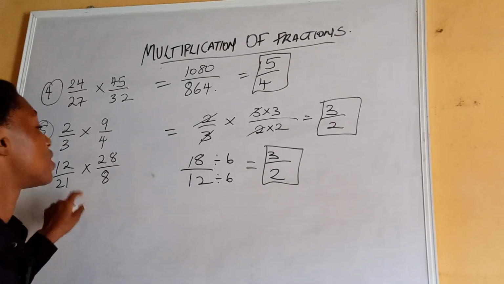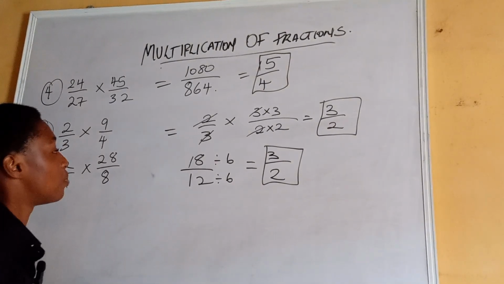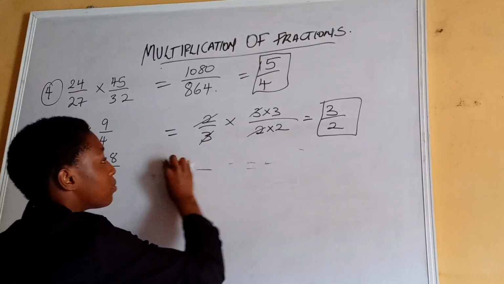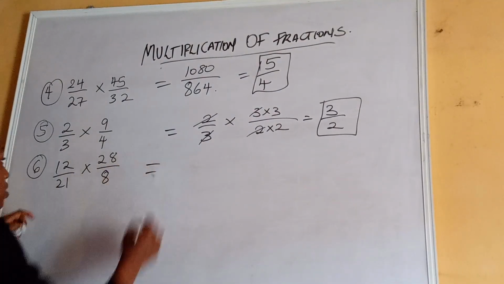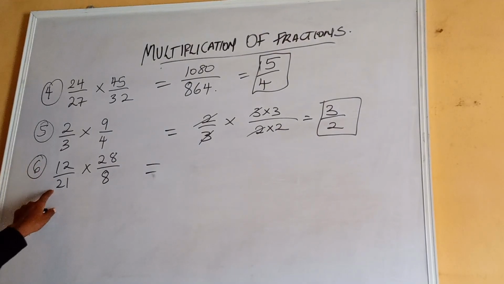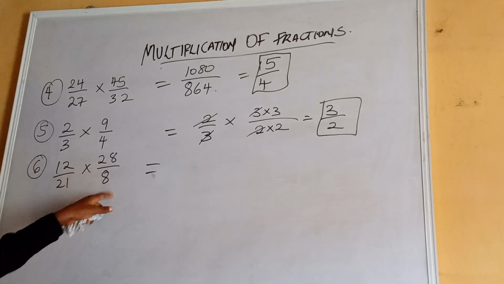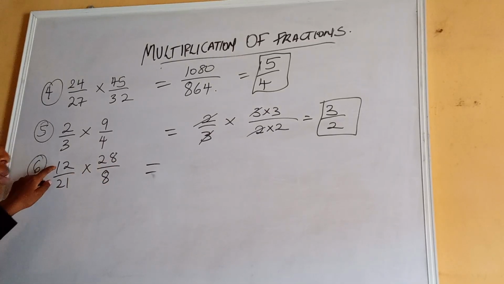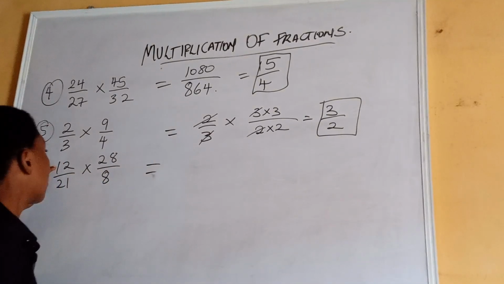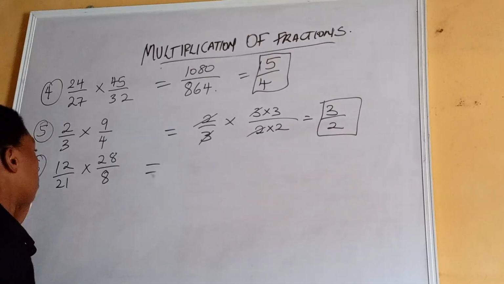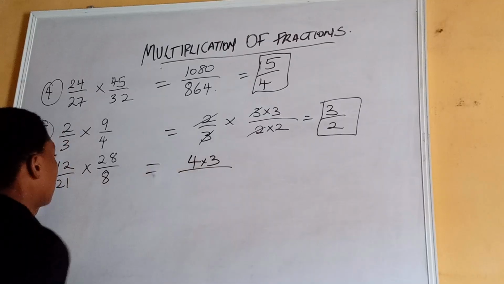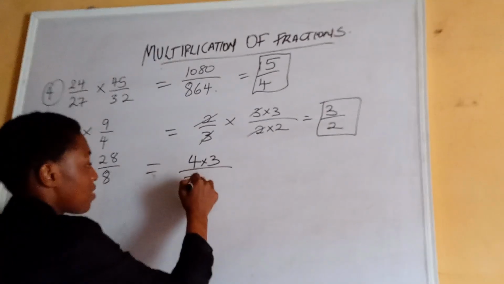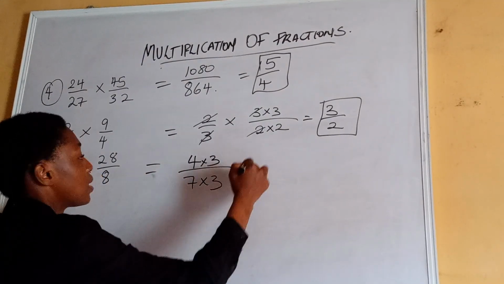Alright, so let's go through the last question. This last question is 12 all over 21 times 28 all over 8. Now we can expand 12 so that it will be 4 times 3, all over 21, which will be 7 times 3.